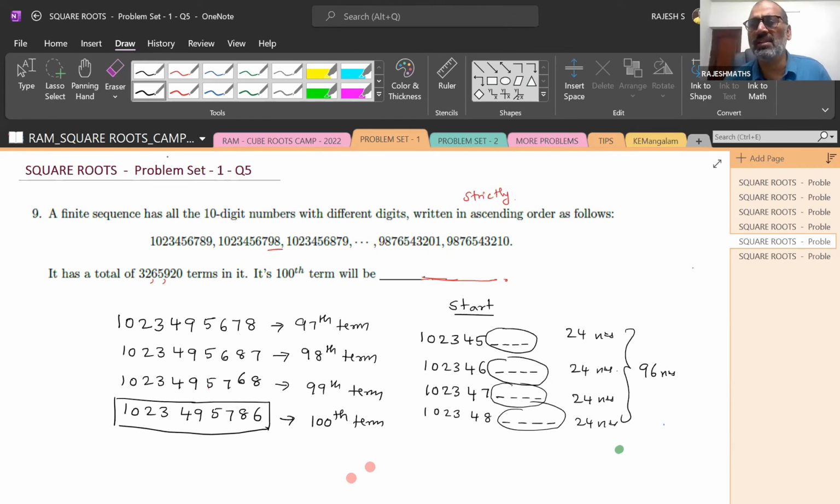So straight away we can go for the last 6 terms permutation and go for the first 4. The first 4, it will be 1 0 2 3 followed by 720 terms, and then 1 0 2 4. You should go for the 30th term after 720, I mean the 750th term.